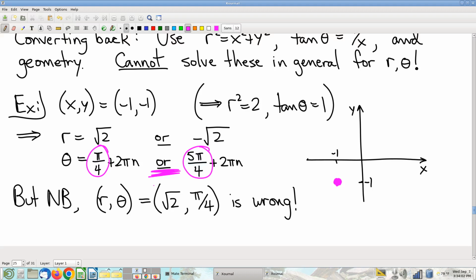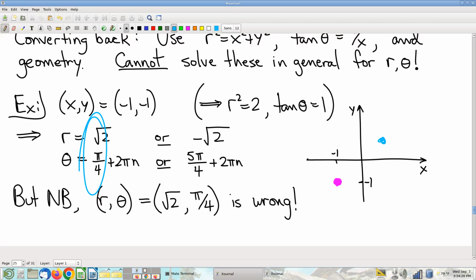The temptation is to say, okay, I don't like those other values, these are the best values, let's use these. Let me circle in a different color here. I'll take the positive square root, and I'll take the arctan angle, and check it out.